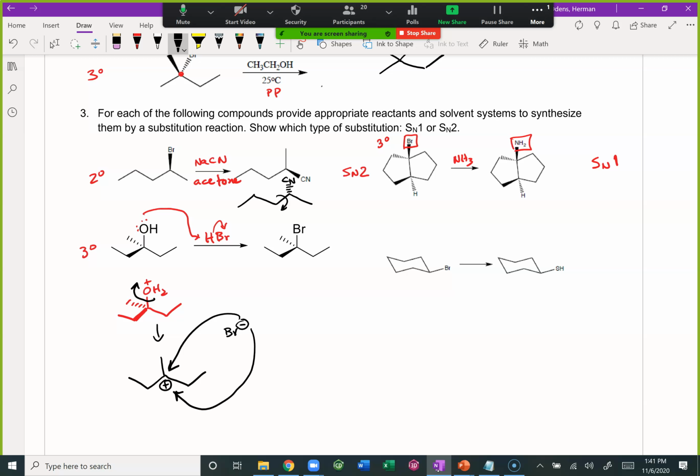But because the ethyls are the same, it doesn't make two products, it only makes one. So that will make this top or bottom attack. It makes that. All right? And that molecule is not chiral. So this is SN1 because we form a carbocation. This is a tertiary carbocation, very stable. It likes it.